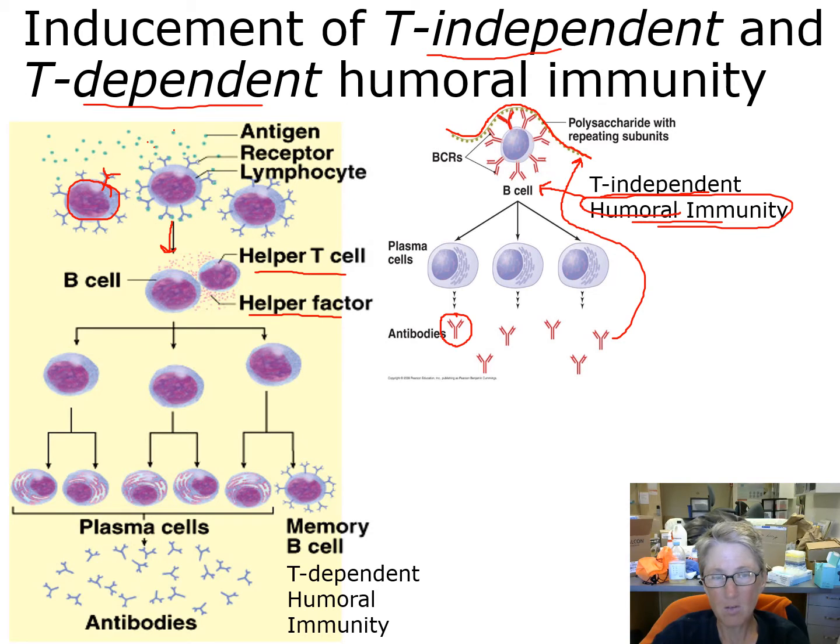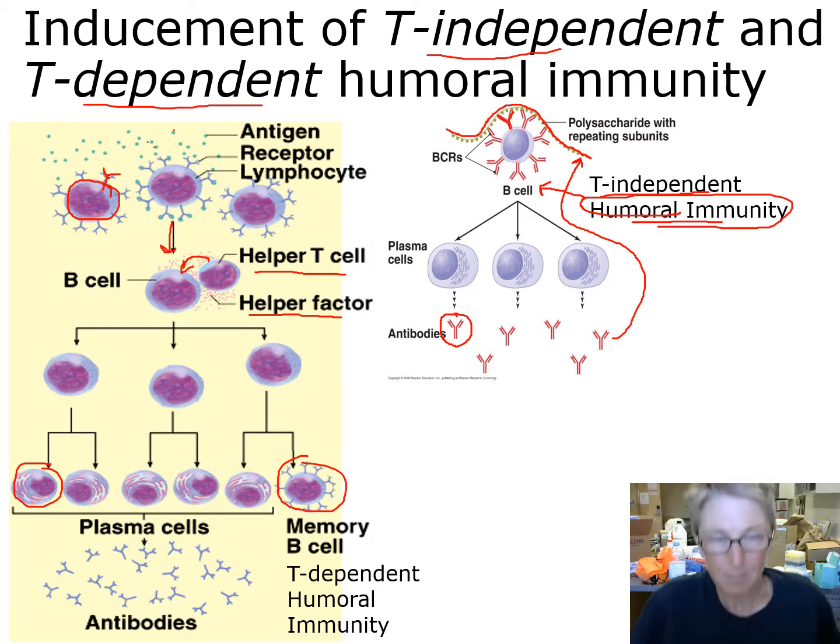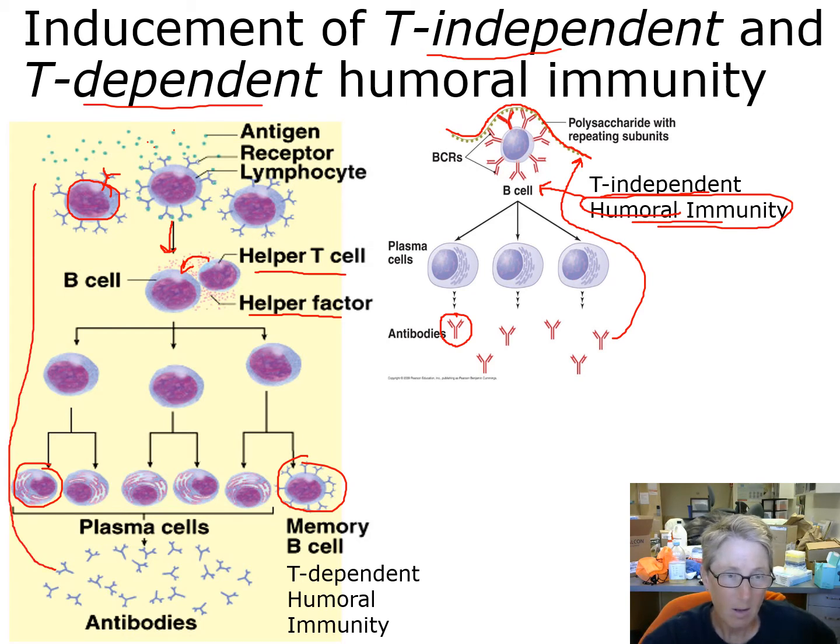The helper T cell will help the B cell become fully activated, and what that means is the B cell then forms a clone, and then those clones form plasma cells and memory cells, and the plasma cells secrete antibodies into the blood, and then the antibodies will recognize these little antigens up here, and only those antigens or epitopes.